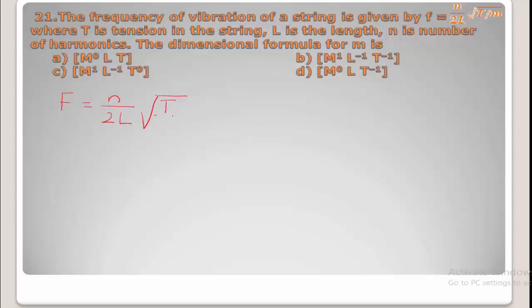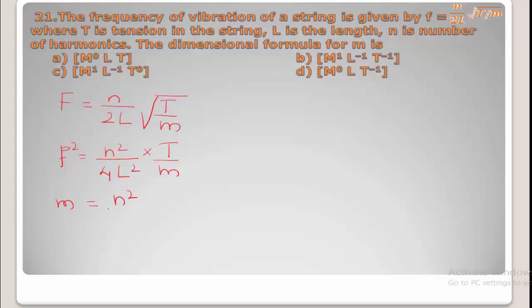So this is the given formula. Now we have to determine the dimensional formula for M. Squaring on both sides becomes F square is equal to N square divided by 4L square into T by M. Now let us take the expression for M.